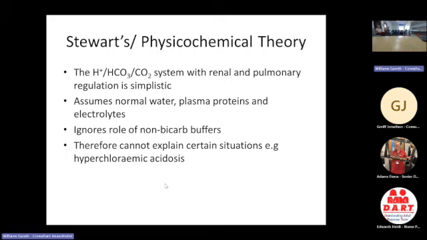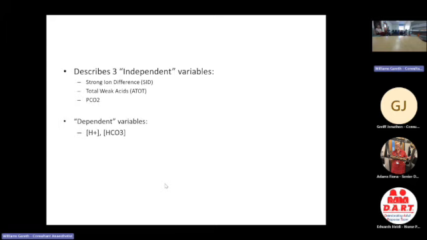And this system attempts to look at the more holistic global picture. There are three things that you can calculate: the strong ion difference, the total weak acids, and then CO2 plays its part. They're called the independent variables. They will have an effect on your hydrogen ion concentration and your bicarbonate concentration.